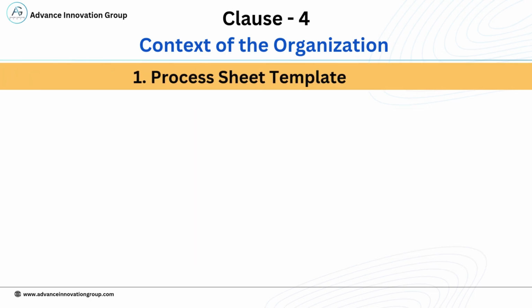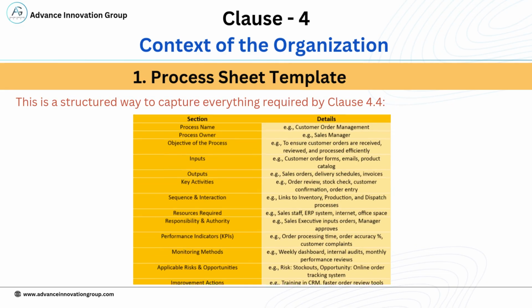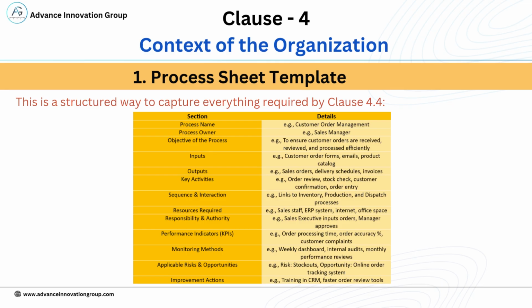1. Process sheet template. This is a structured way to capture everything required by Clause 4.4. Section details. Process name, e.g., customer order management. Process owner, e.g., sales manager. Objective of the process, e.g., to ensure customer orders are received, reviewed, and processed efficiently.